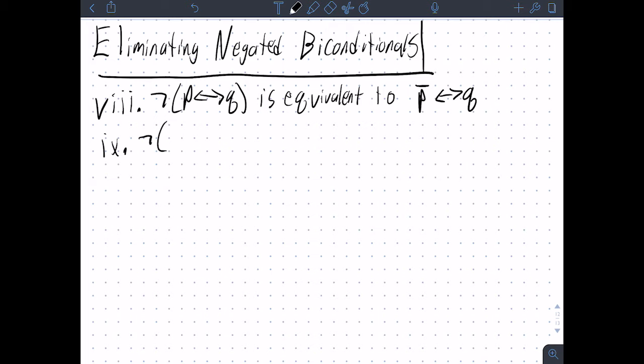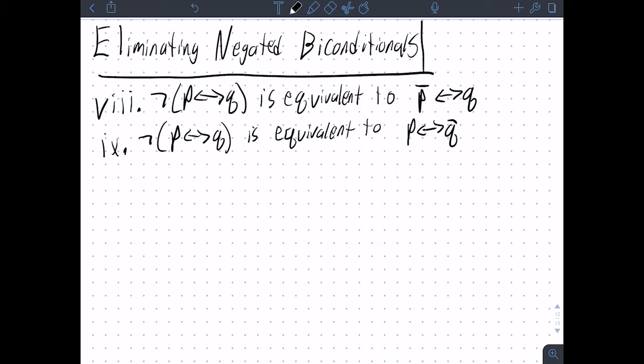You'll see why in a second. Right. So those are our two rules for negated biconditionals.